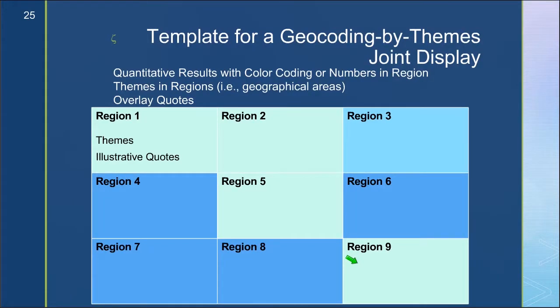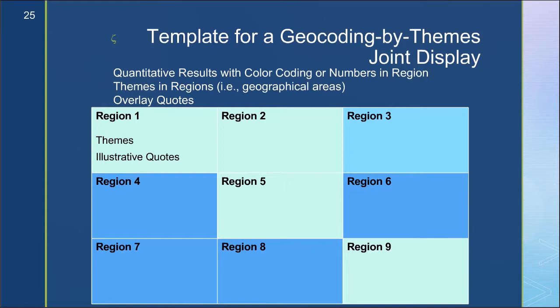So another example of merging would be really trying to relate geocoding by themes in a joint display. So in this example template right here, I've tried to draw this as a map, so it looks like a big rectangle, but let's just pretend this is a map of a region or an area. Let's call it a state or a province. Within each of these, then, I have different regions that have been identified, so these can follow borders, of course.